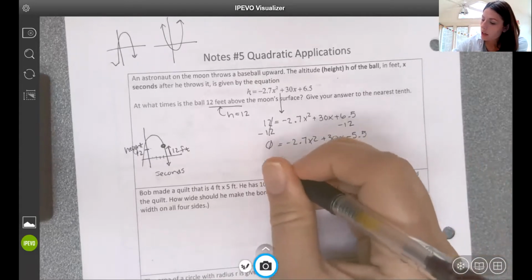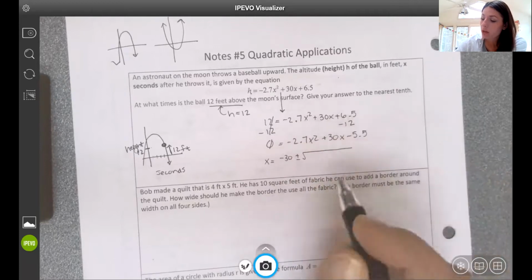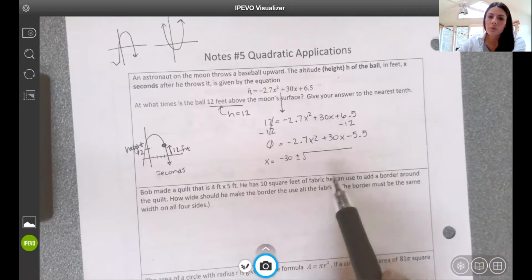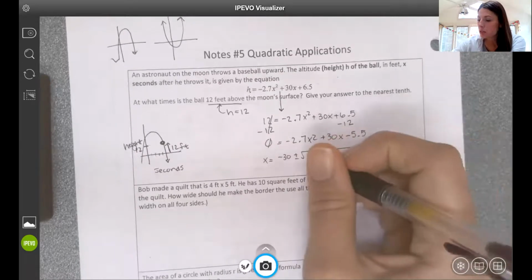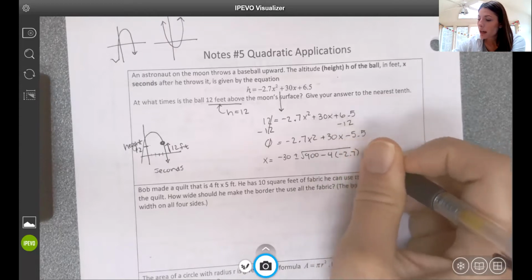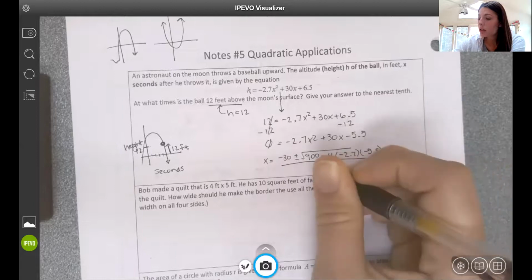So I'll have x equals negative 30 plus or minus the square root of 30 squared, which is going to be the same as 3 squared, but we're going to add some zeros in there. It's going to give us 900 minus 4ac, all over 2a.